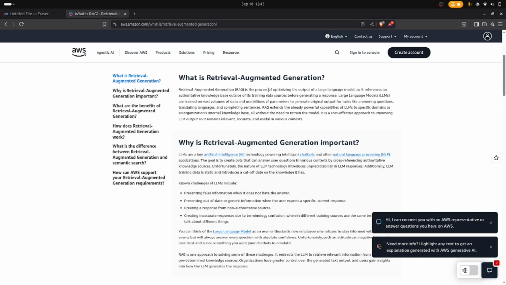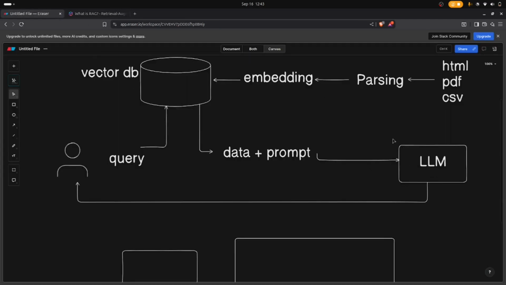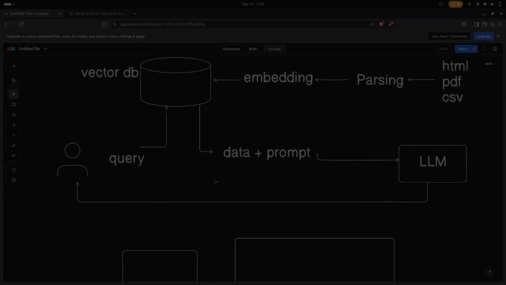Retrieval-Augmented Generation is the process of optimizing the output of large language models so it can reference an authoritative knowledge base outside of its training data source before generating a response. That is what we are talking about. The LLM does not have the context of the user query, so we provide additional context to the LLM, and now the LLM can provide an accurate answer. So this is all about RAG systems.